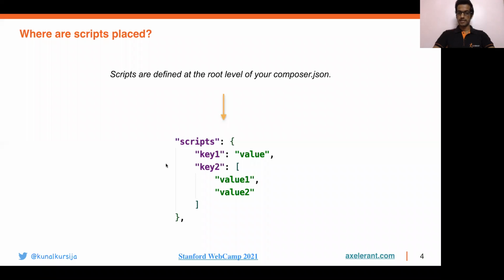Inside the scripts array, we have key value pairs, where the key is the name of the script or the name of the command, and the value is the logic or piece of code that you are going to execute. That was the first line, key one and value, whereas key two is also a script, but it is not doing only one task, it is executing two different tasks. That's up to you how the business logic is. And that's it about where we place these scripts.